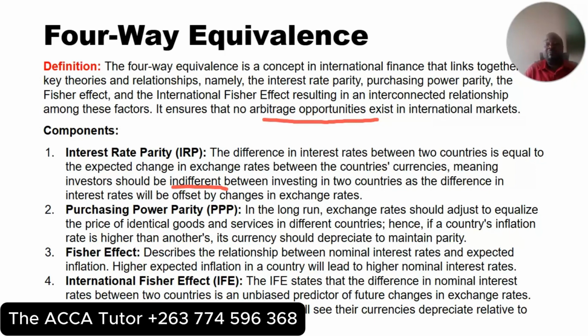Now, the purchasing power parity. In the long run, exchange rates should adjust to equalize the price of identical goods and services in different countries. Hence, if a country's inflation rate is higher than another's, its currency should depreciate to maintain the parity, right?